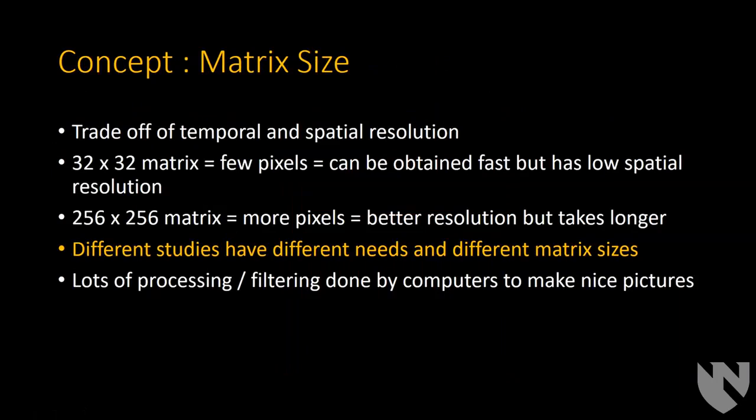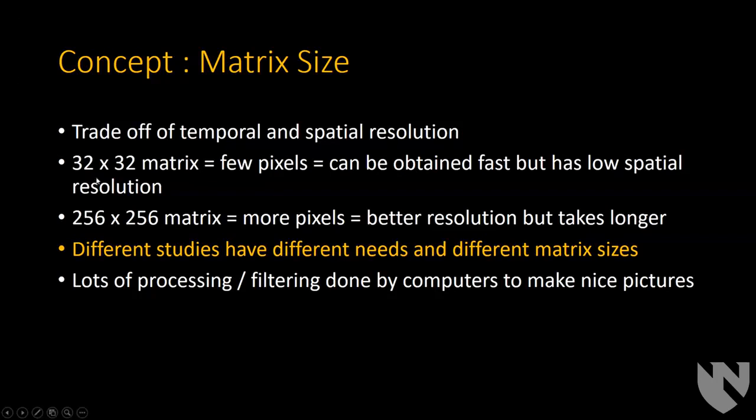Matrix size is another thing that can be manipulated on studies. So the larger the matrix you have, the better your resolution will be within the limits of the machine. But a smaller matrix takes less time to get, because you're going to have a higher number of counts within a smaller area.